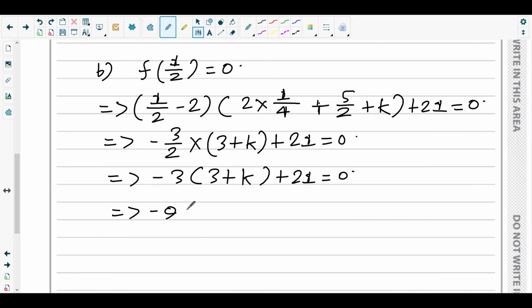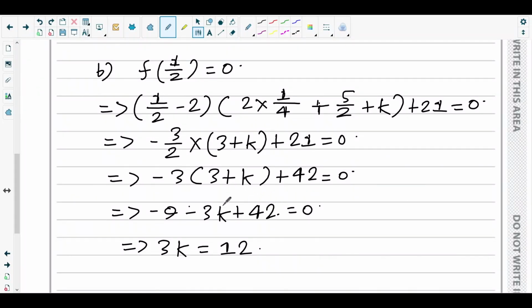You will get negative 9 minus 3k plus 21 equals 0. If we multiply by 2, the 21 will become 42 instead. I have missed it out, so it will be 42. So 42 minus 9 would give you 33.